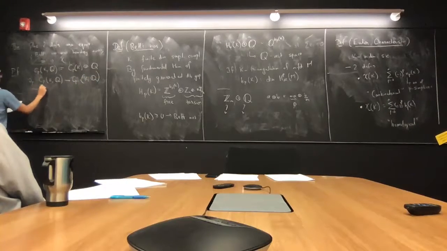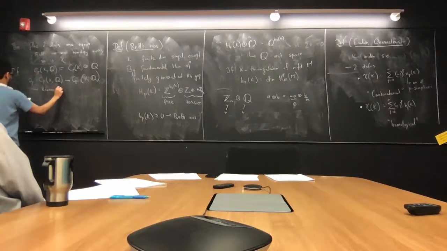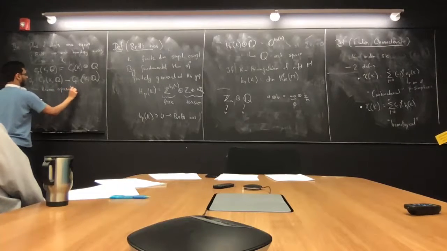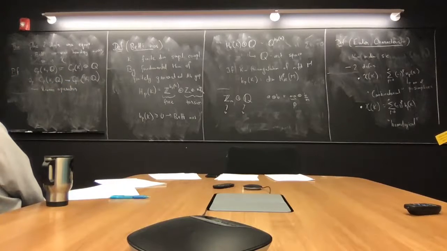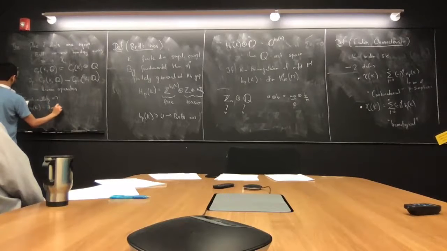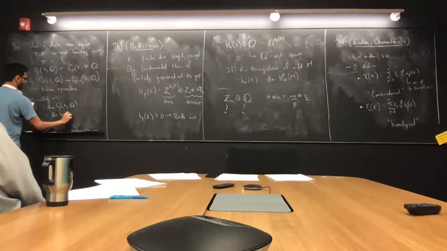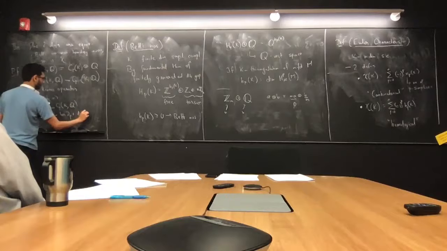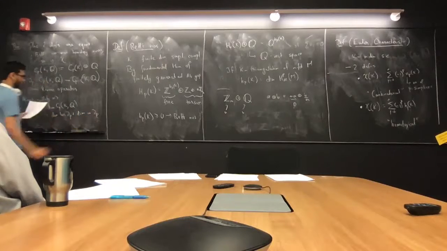This is a linear operator on these Q vector spaces. So we can use the rank-nullity theorem to conclude that n_p(K) is the dimension of C_p(K;Q), which is the dimension of the kernel of d_p plus the dimension of the image of d_p.